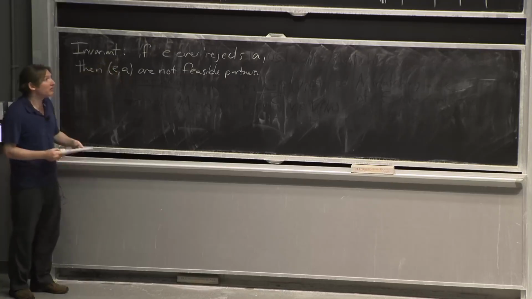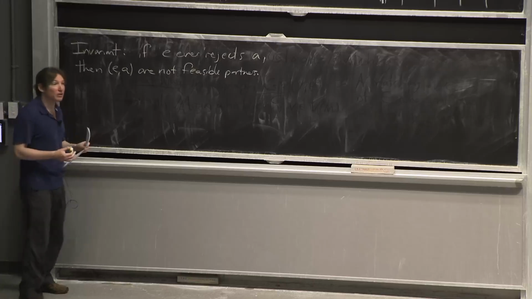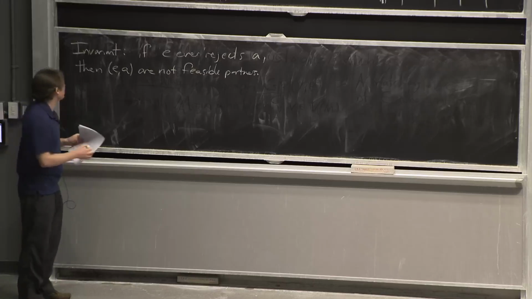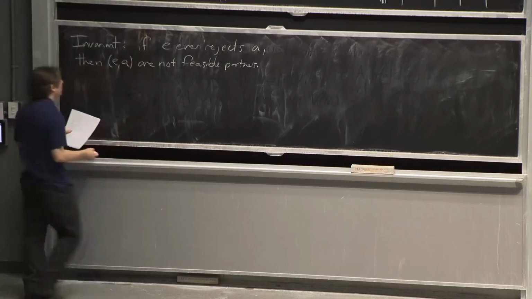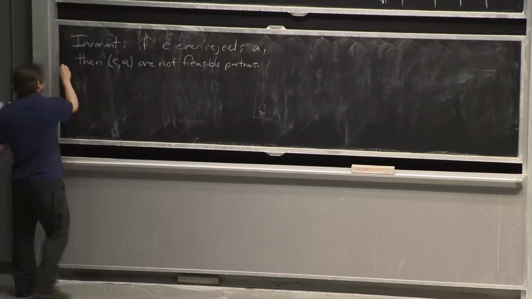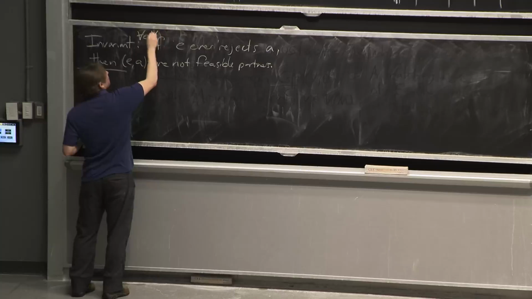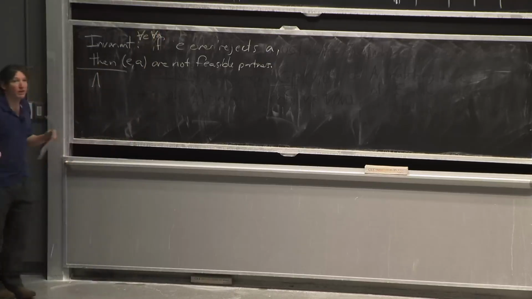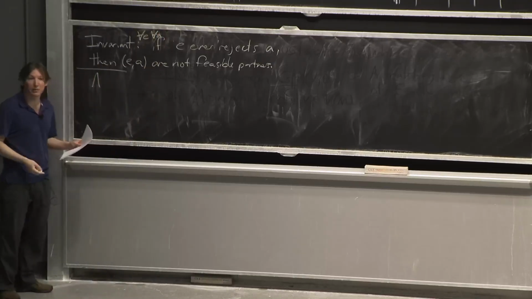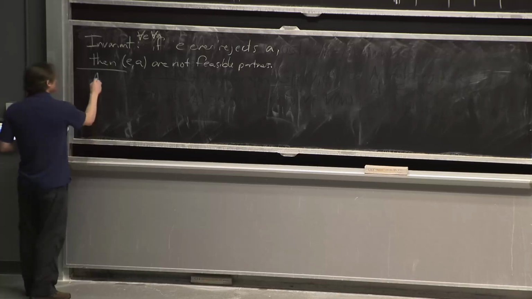Turns out we can prove this as an invariant of our state machine. Very briefly, let's see if we can do that. Also, this is true for all evaluators and for all applicants. If any evaluator rejects any applicant at any time, then they're not feasible partners.